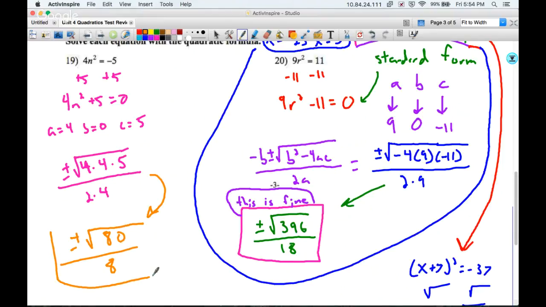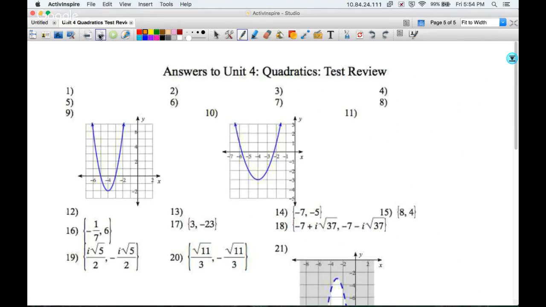And I'm going to leave the answer like that. Plus or minus square root of 80 over 8.